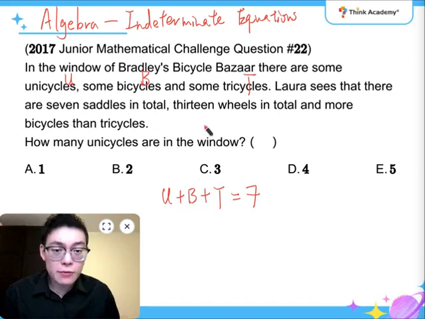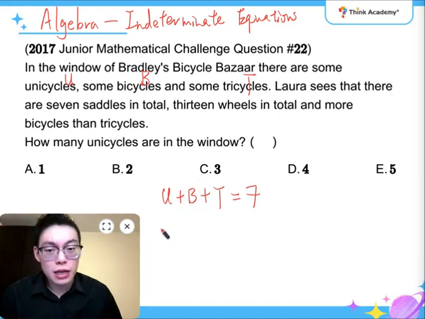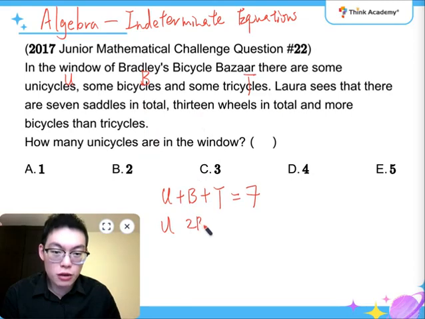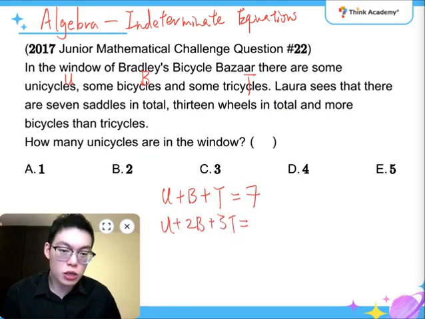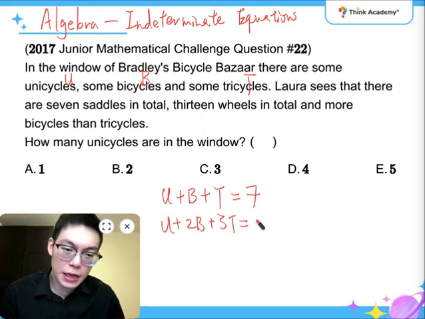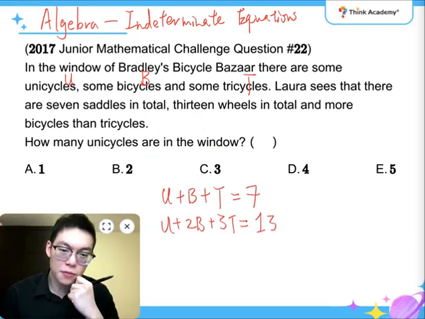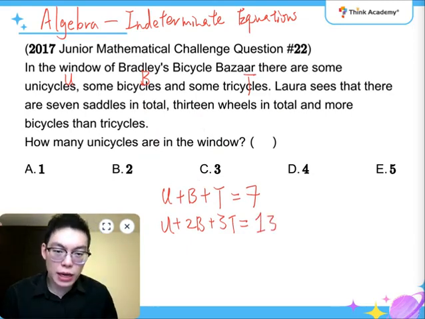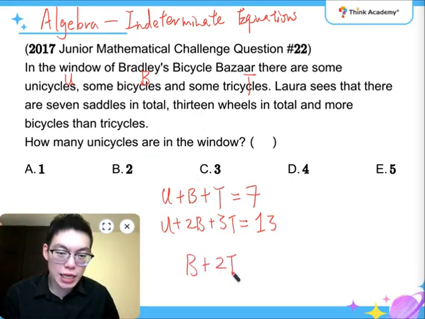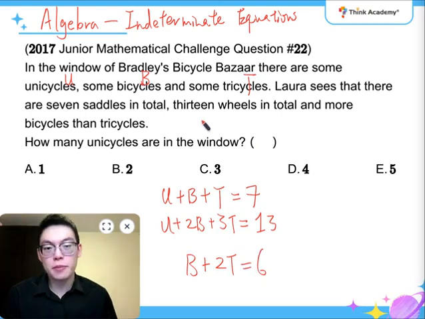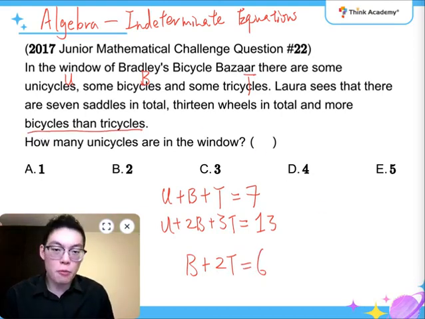And for 13 wheels, we know that a unicycle has 1 wheel, a bicycle has 2 wheels, and a tricycle has 3 wheels. So altogether, that's going to be 13. Now, if I'm taking away the first equation from the second one, what I have remaining is B adding 2T is equal to 6. Now we also know that there are more bicycles than tricycles.